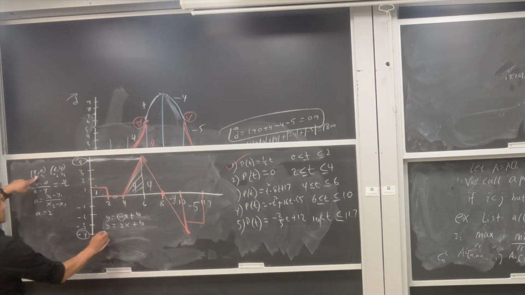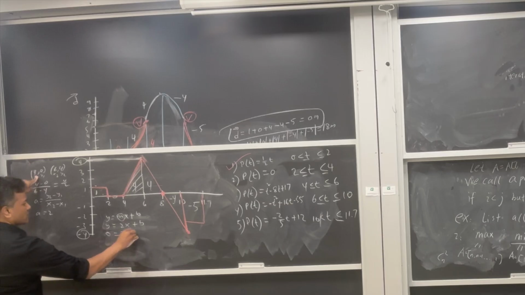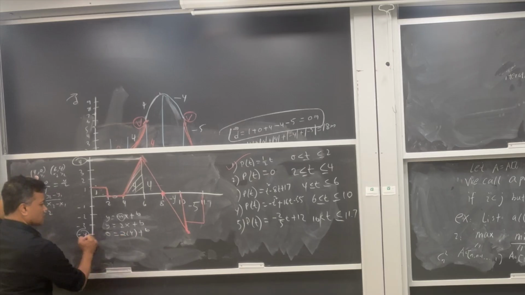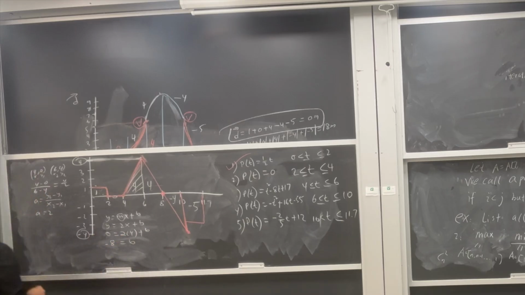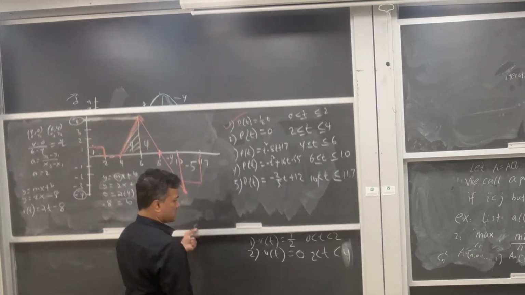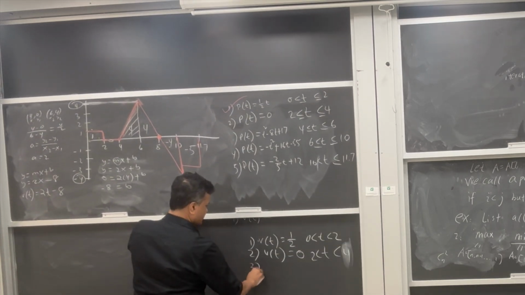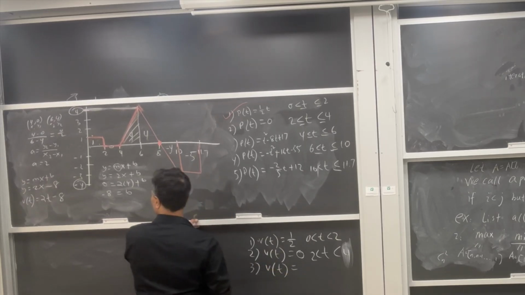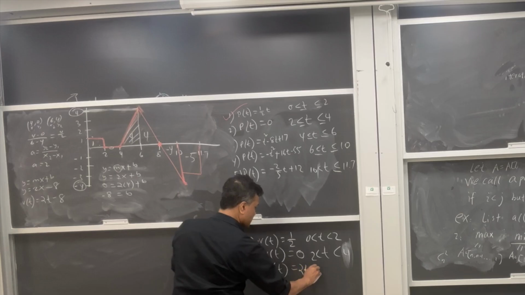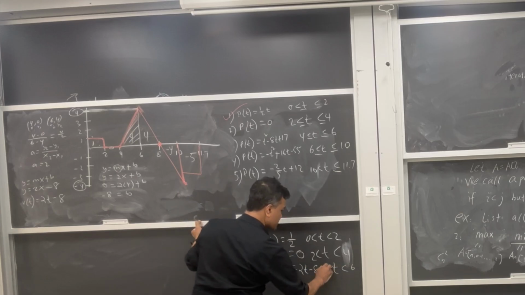Let's use this one, this one is easy. 0 is equal to 2 times 4 plus b. So b is equal to negative 8. So y is equal to 2x minus 8. So now v of t is 2t minus 8. So we found this next one, number 3: v of t is equal to 2t minus 8, and t is between 4 and 6.